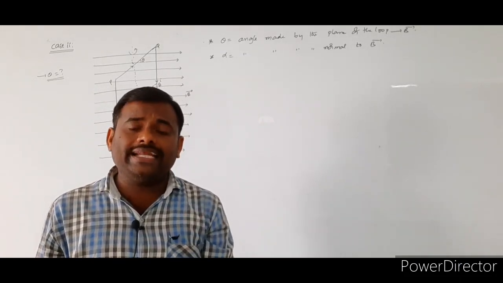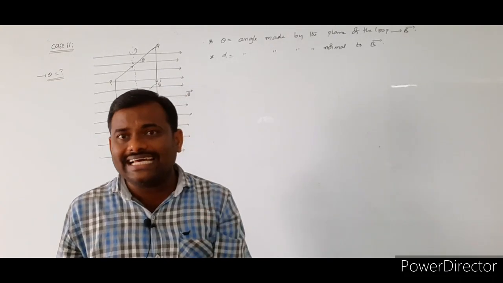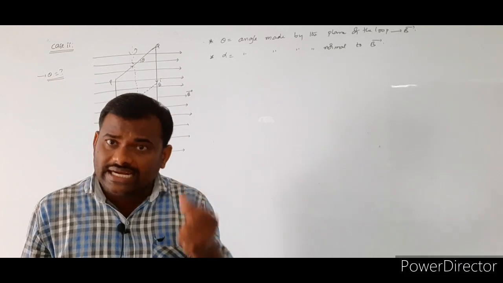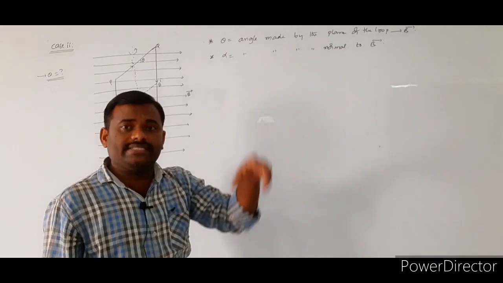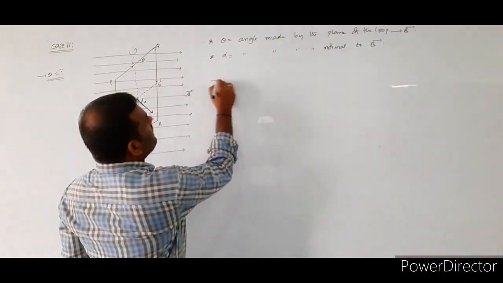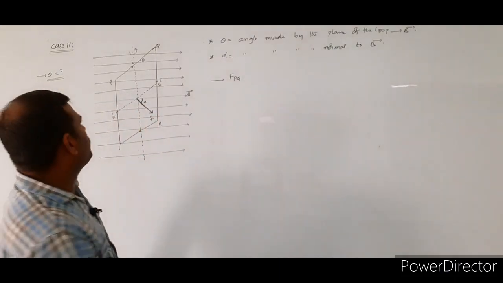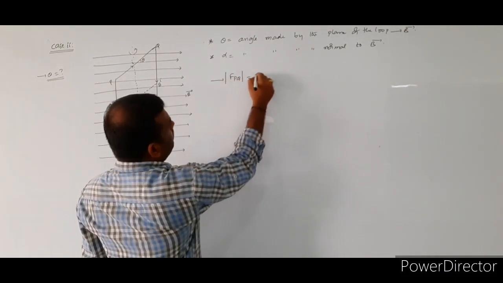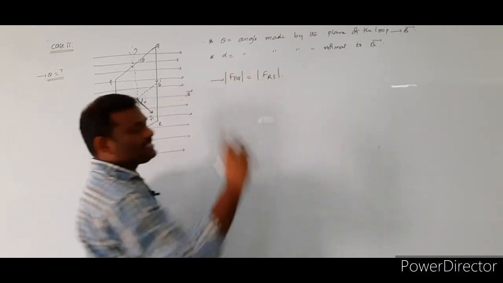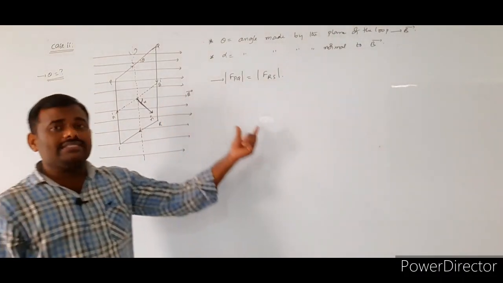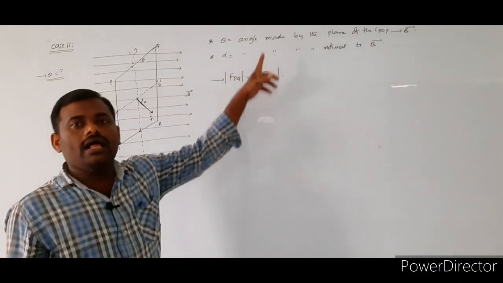But if you consider their directions, they will be experiencing the same magnitude of force. That means the force experienced by PQ is equal in magnitude to the force experienced by RS.